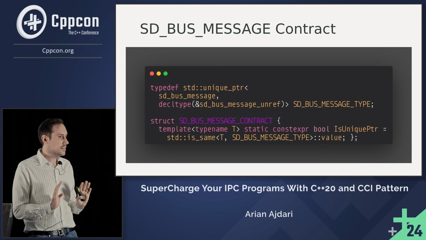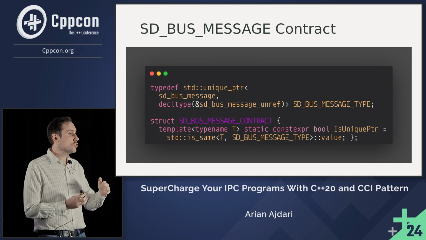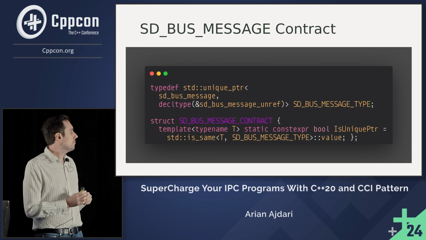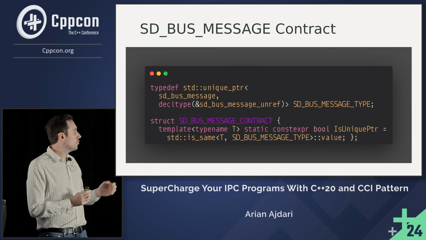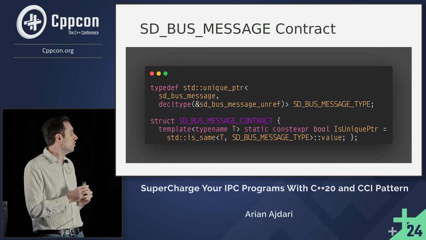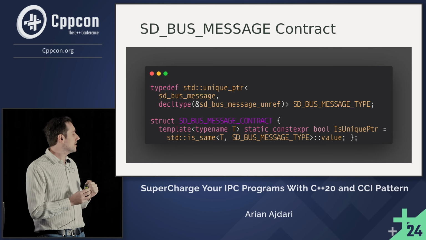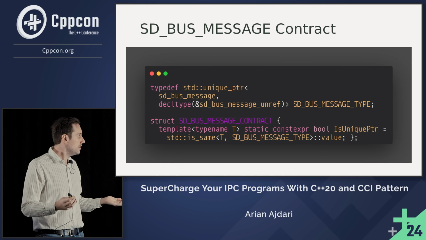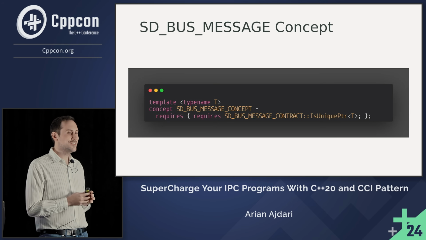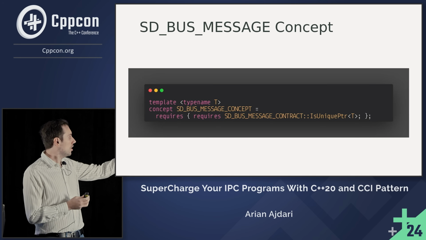This is as far as the bus object is concerned. We are going to do a similar thing for message. So we create a typedef. We want to make sure that we have only one instance of message inside a particular scope. We define the contract that we want to be the unique pointer. Then in order to implement, to sign our contract, put our signature at the dotted line, we create a concept.